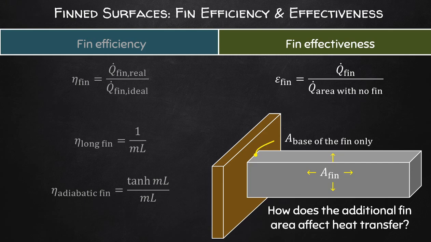So the effectiveness is therefore defined as the rate of heat transfer with a fin versus the heat transfer without a fin. So heat transfer without a fin is simply the convection from that surface. Okay, so remove all the fins, calculate the heat transfer via convection off of the surface.